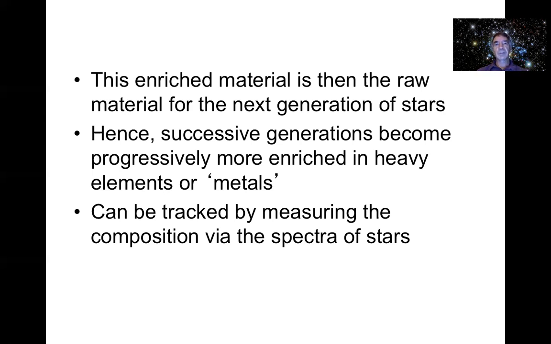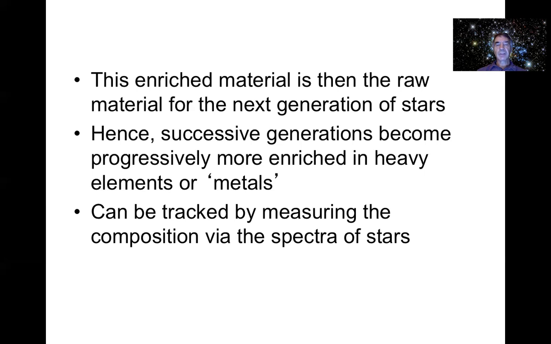But once you've worked out the surface temperature, and you've got an idea of the luminosity class, so you know the density of the material, and you know the atomic physics, so you know how strong those spectral lines should be intrinsically, you can use all of that information to work out the composition. So how much carbon, nitrogen, oxygen, iron is in the atmosphere of the star you are looking at.